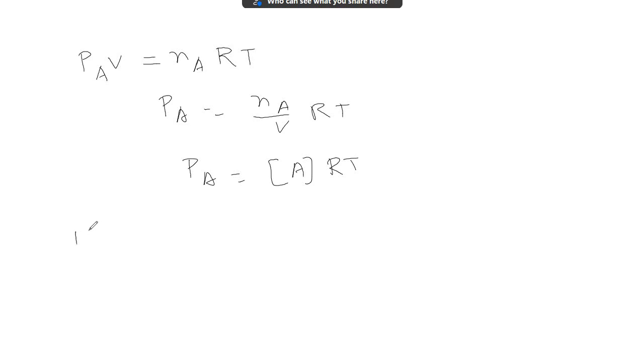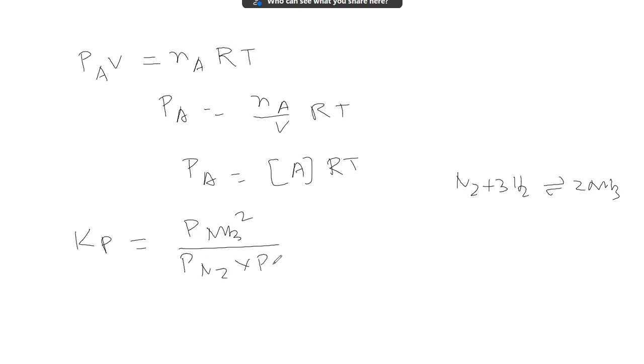So in this case, Kp, we have written what? For this reaction, I am writing the reaction again: Kp is equal to P NH3 square by P N2 into P H2 whole cube.